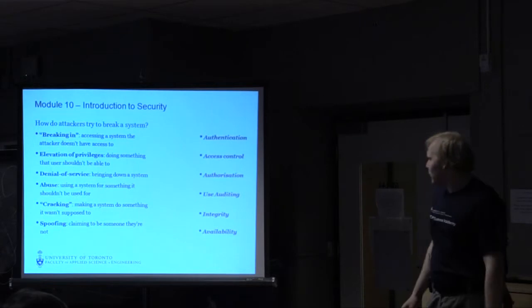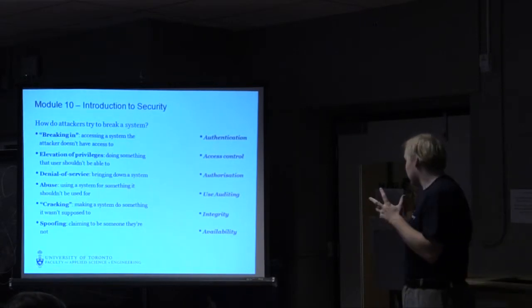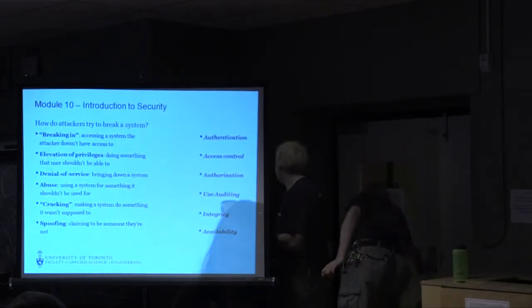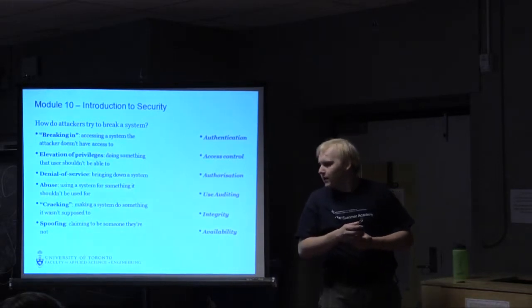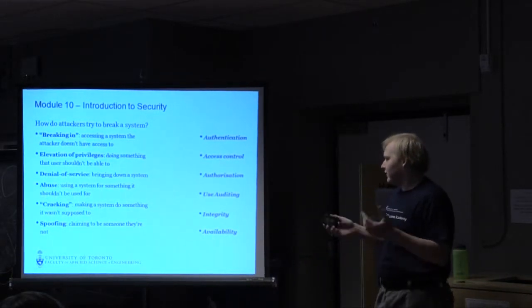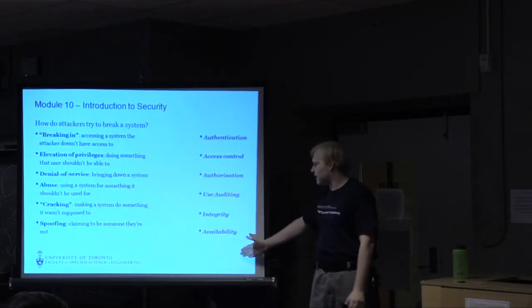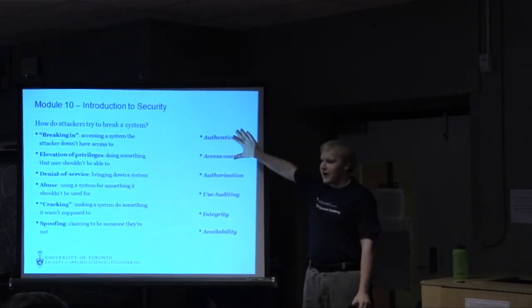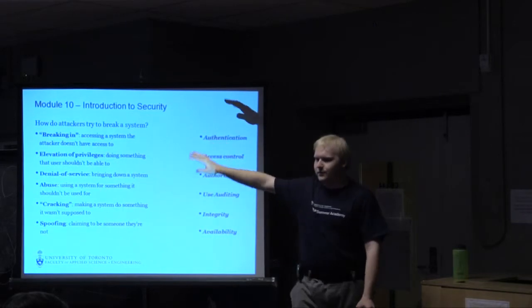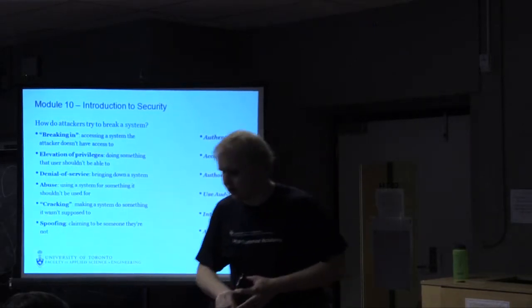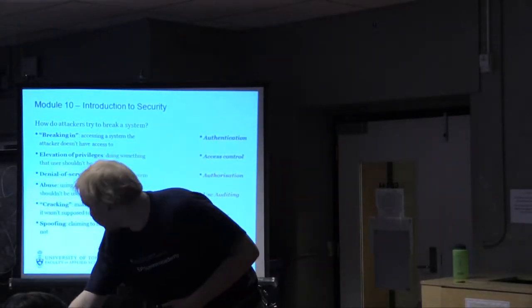So let's look at a couple ways our attackers can break our system. Okay, so breaking in: accessing a system he plain doesn't have access to. Which one of these security measures corresponds to that and would prevent someone from breaking in? Any ideas?